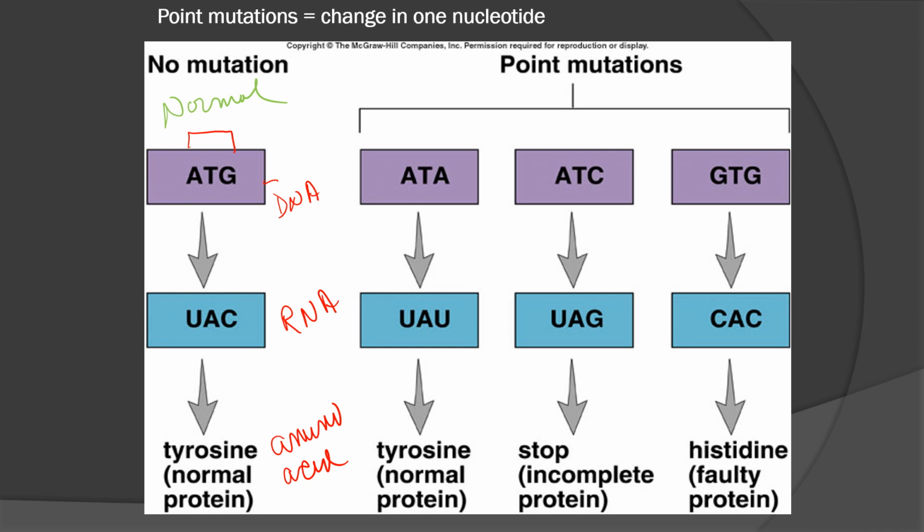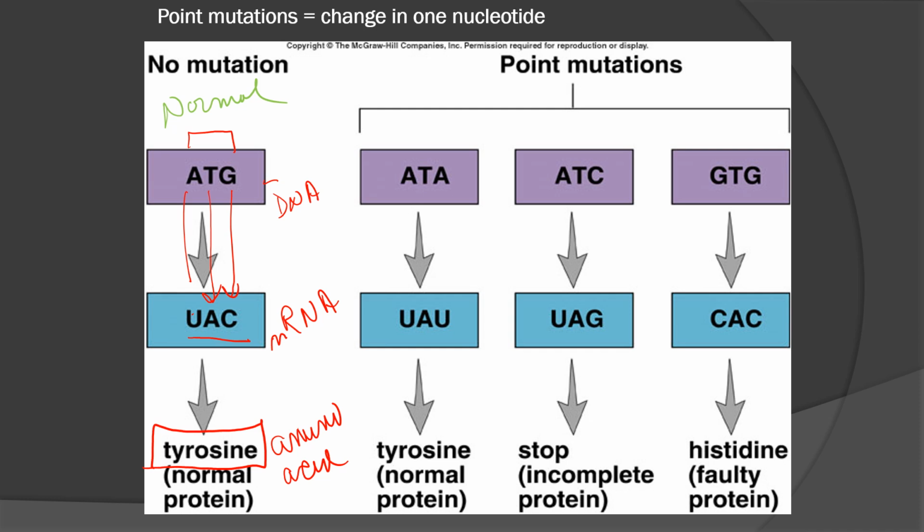And when you transcribe that to make messenger RNA, A becomes U, T becomes A, G becomes C. So the messenger RNA codon is UAC. And if you were to look that up in the table, that codes for the amino acid tyrosine. So this protein at this spot should have the amino acid tyrosine.